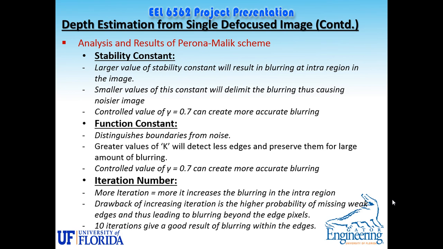The drawback of increasing iterations is the higher probability of missing weak edges, thus leading to blurring beyond the edge scales. After some simulation, I figured out that an iteration count of 10 can give a good result of blurring within the edges. The next part of the presentation I'm going to explain in the second part. Please refer to the second part for the rest of the presentation. Thank you.